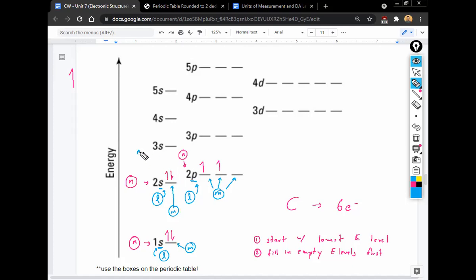This tells us the spin of the electrons, the ms value. It can either be spinning up, +1/2, or spinning down, -1/2. This is a way for us to visualize where the electrons are, what they're doing, which subshell they're in, and so on.